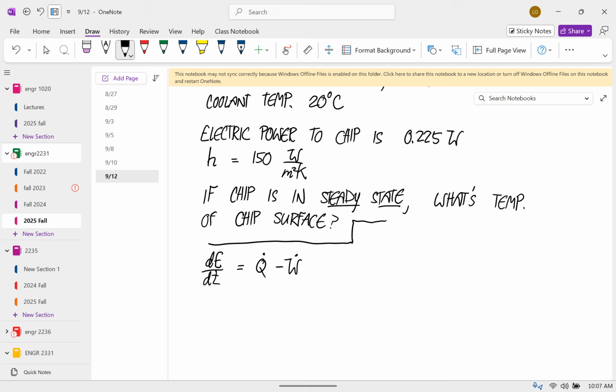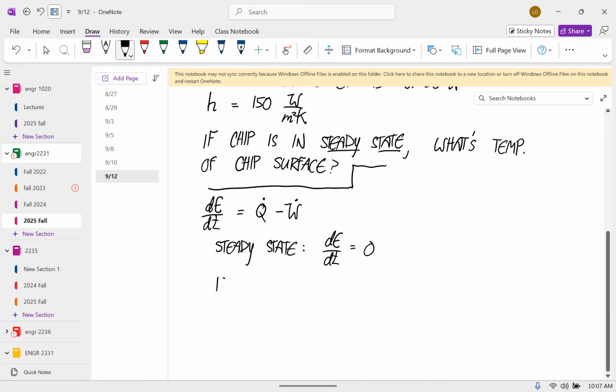W dot is the rate of work produced by the system applied to the surroundings. Steady state means dE dt is equal to 0. In fact, every property is constant in time. That's what steady state means. And transient means dE dt is non-zero. So I'm going to do one example of steady state, and then we'll do a transient one.